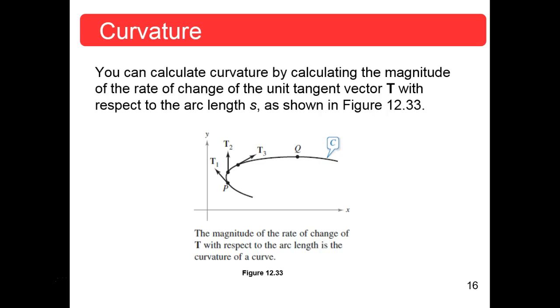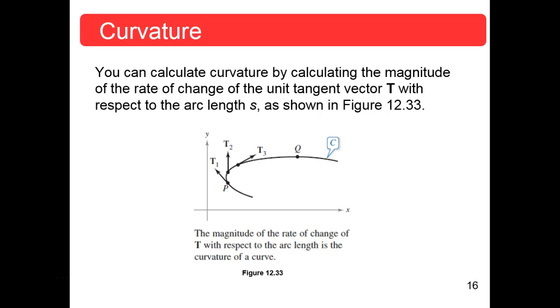And that's with respect to the arc length S, okay? Now, remember S, well, it's just arc length. We'll leave it like that. The magnitude of the rate of change of T with respect to the arc length is the curvature of a curve. So basically, the arc length is how far you've gone along the curve, okay?